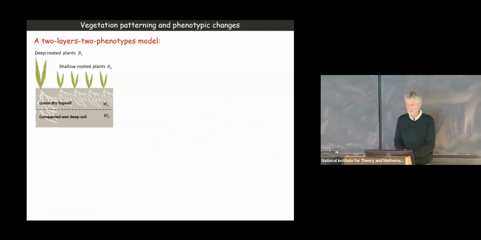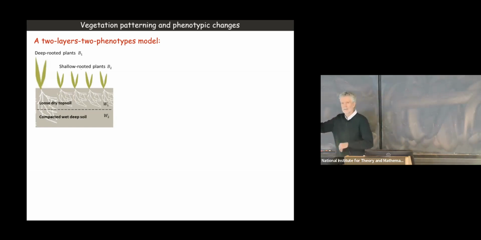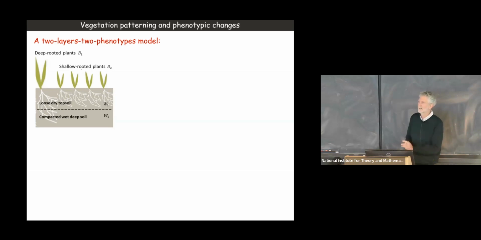And so we propose for that a 2-layer, 2-phenotype model. This study was before we came up with the phenotypic equations. So instead of introducing a phenotype variable, we distinguish between the 2 phenotypes by assigning each one a different biomass variable: biomass for deep-rooted plants and for shallow-rooted plants.